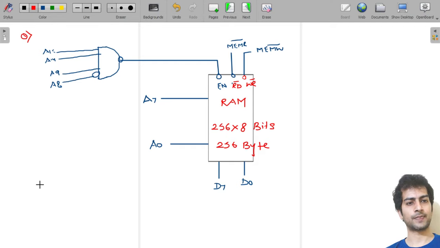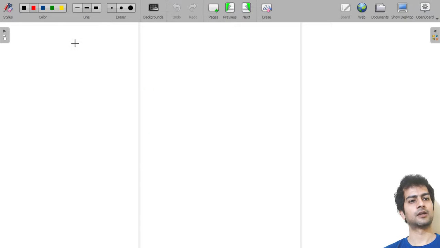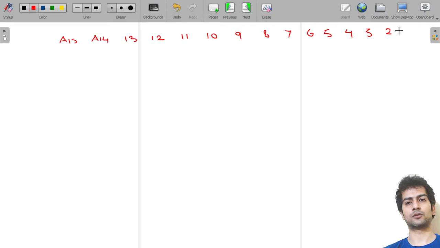So first we will write this. Let's take another page. First we will write all this: A15, A14, 13, 12, 11, 10, 9, 8, 7, 6, 5, 4, 3, 2, 1, 0.